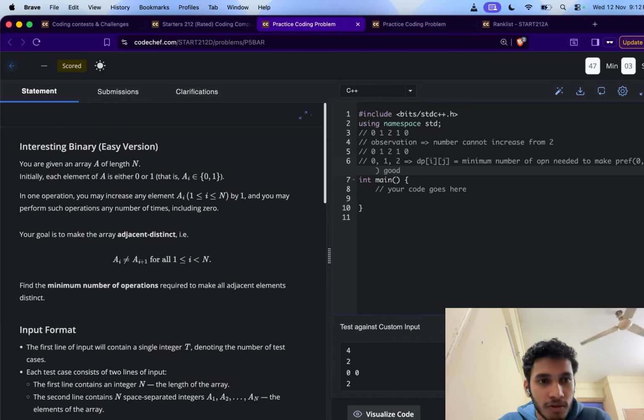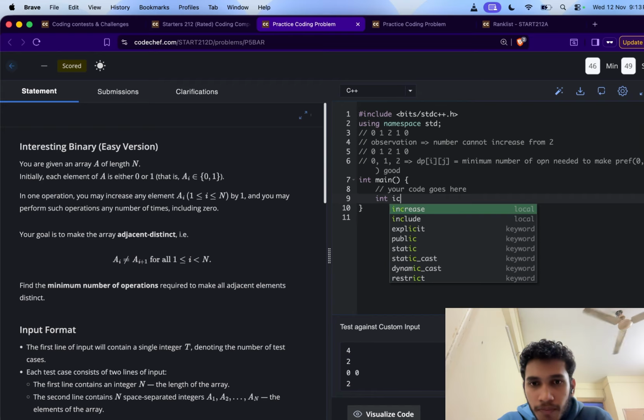And a good array is represented as an array where all the adjacent elements are distinct. All right. So let's go forward.